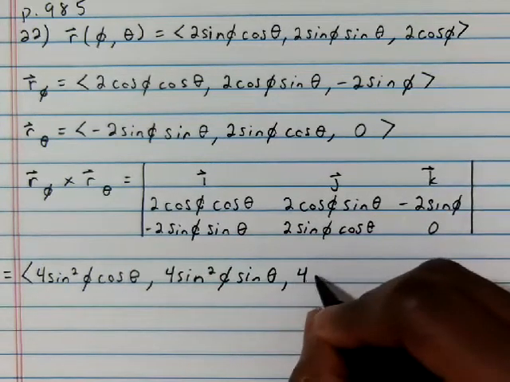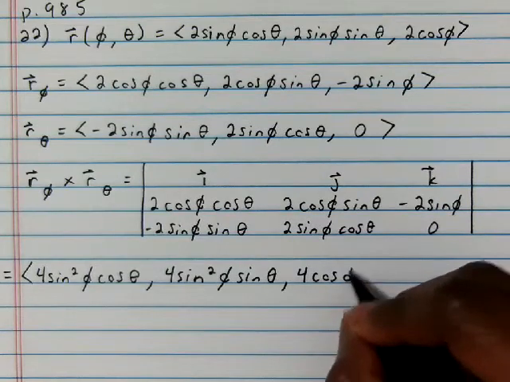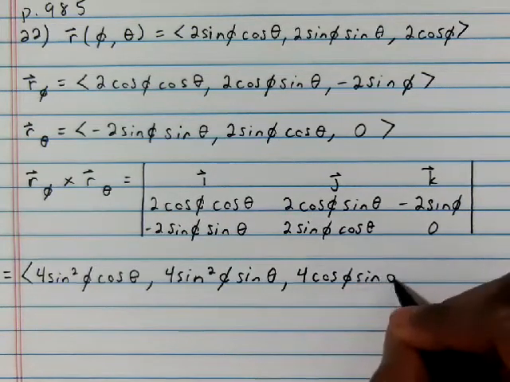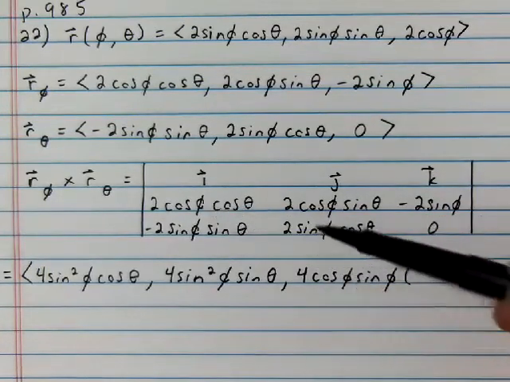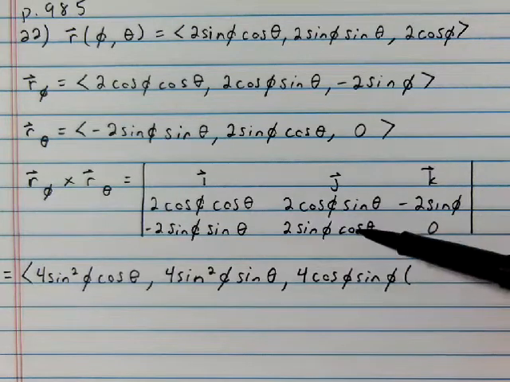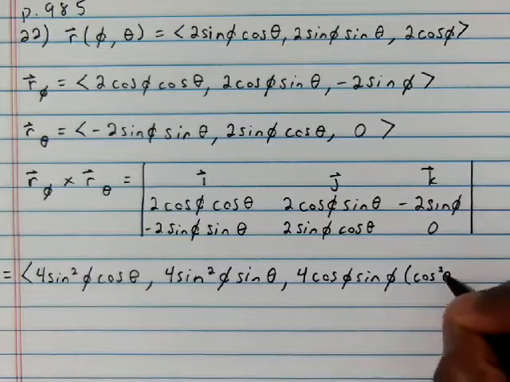So 4 cosine phi sine phi, and from those two terms we were left with a cosine squared theta.